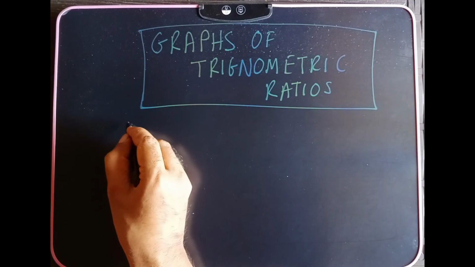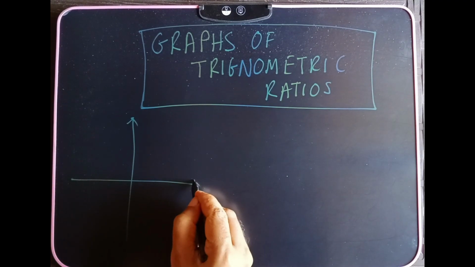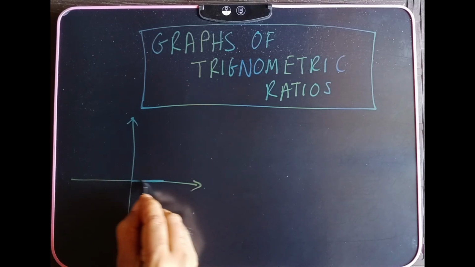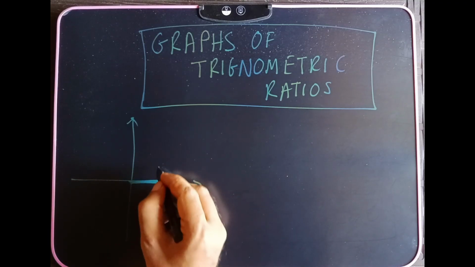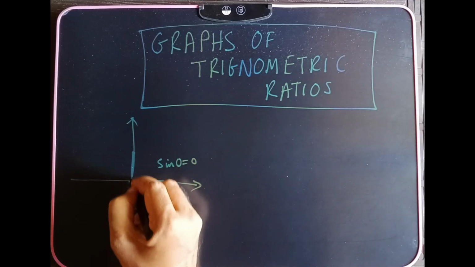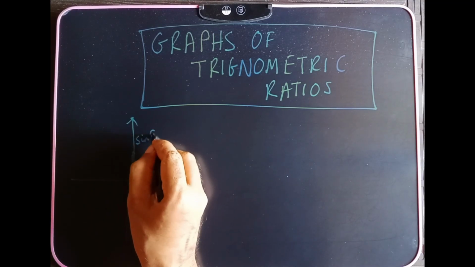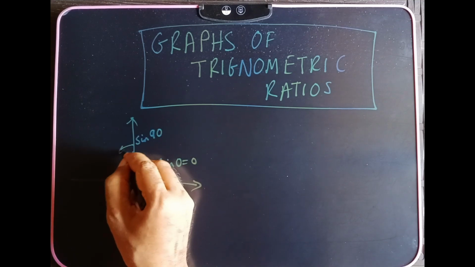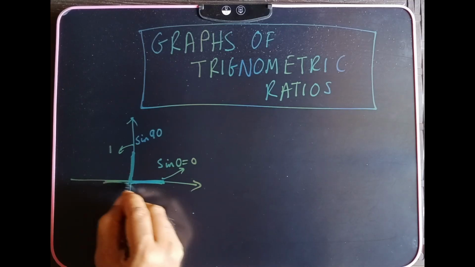If I take sine in a coordinate system, we know sine of 0 is 0. Sine of 90 is 1.